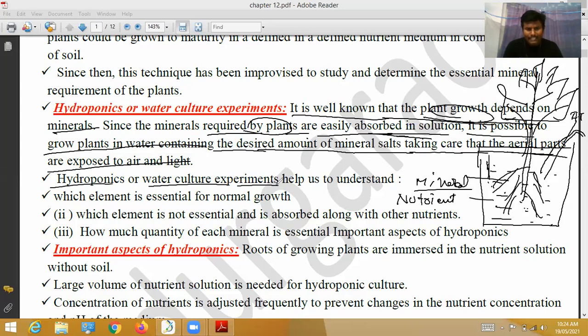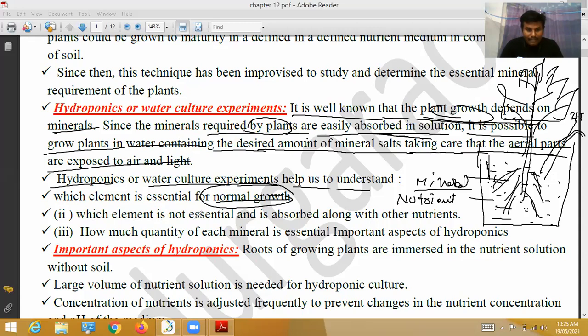Hydroponics or the water culture experiment helps us understand, first, which element is essential for normal growth. In this solution, what kind of elements are absolutely essential for normal growth, that is what we can understand.